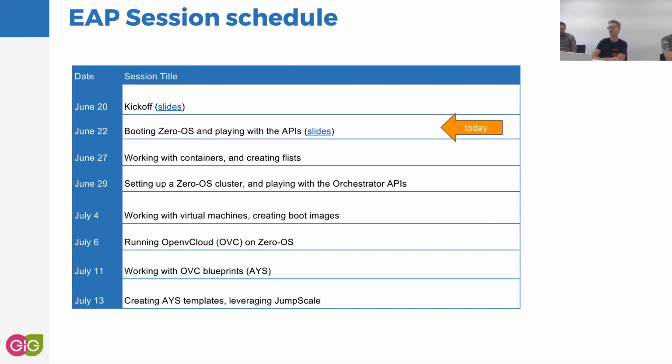FLISTs are basically a concept based on a fuse layer on top of the ZeroOS file system. That is quite important for containers, as you will see. It's a quite interesting topic. It's what is being implemented in the ZeroFS repository, which is also available for you already today if you're curious to look into and even start playing with it.